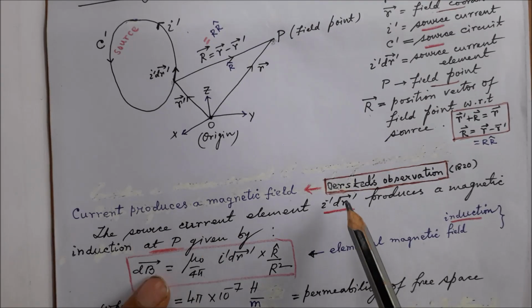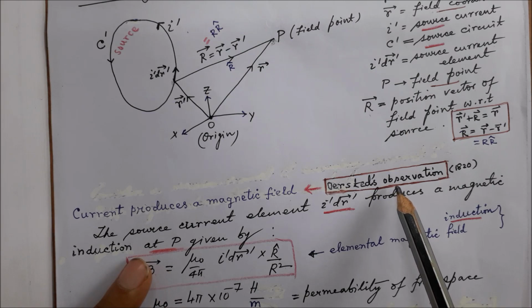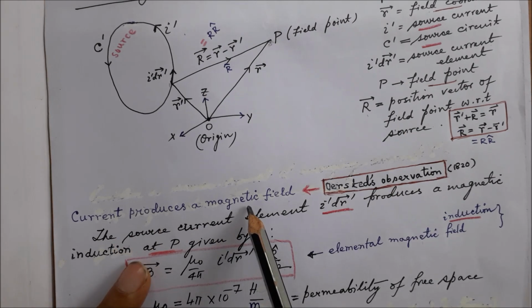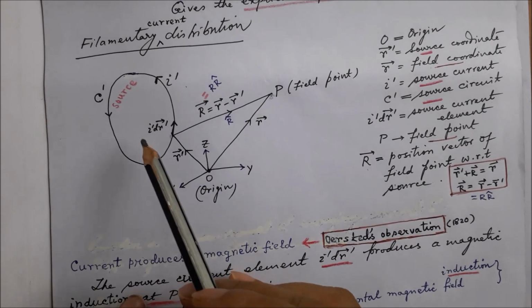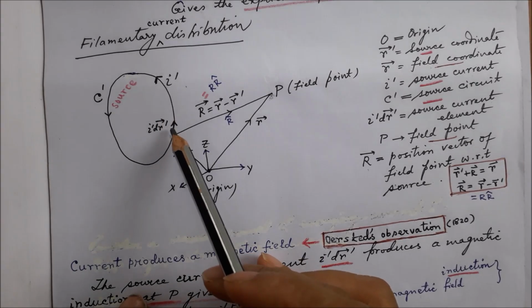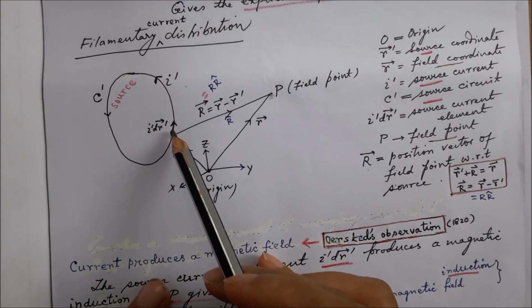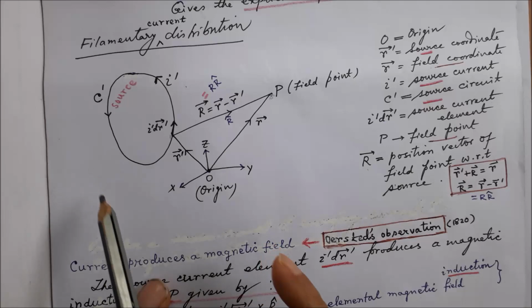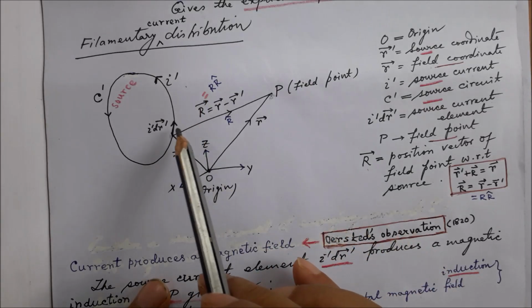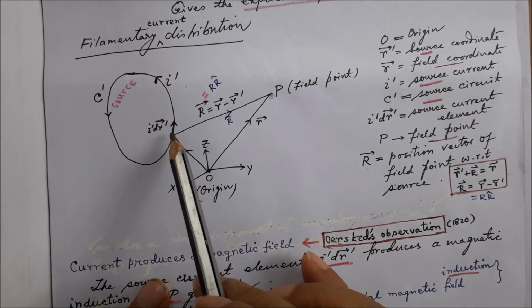According to Ørsted's observation, current produces a magnetic field, and therefore this elemental current element will have its influence in the region surrounding it, in its neighborhood.